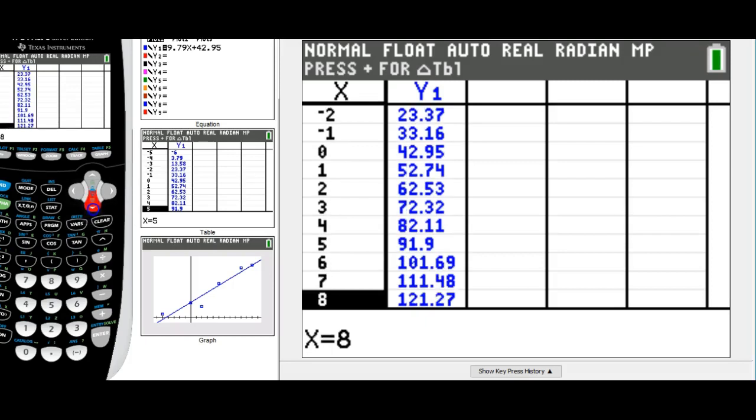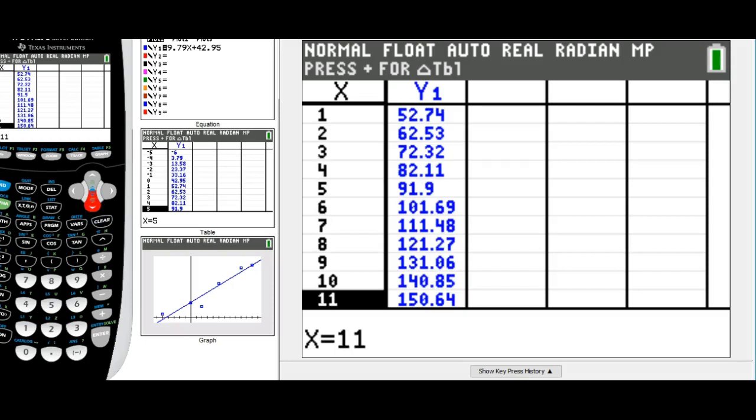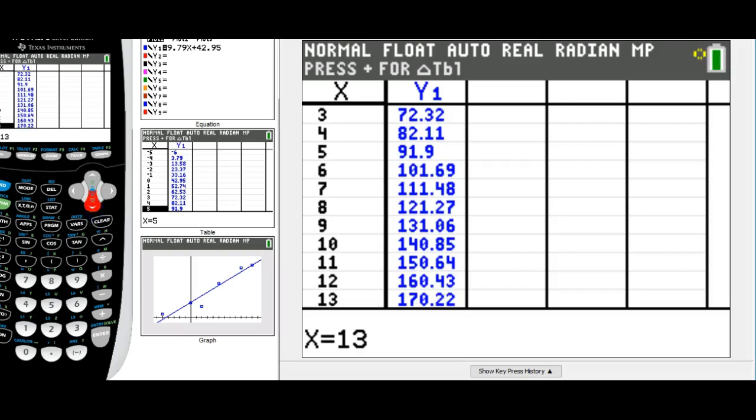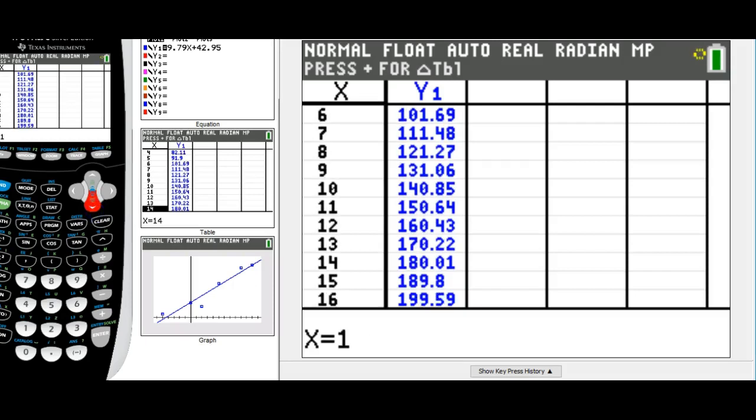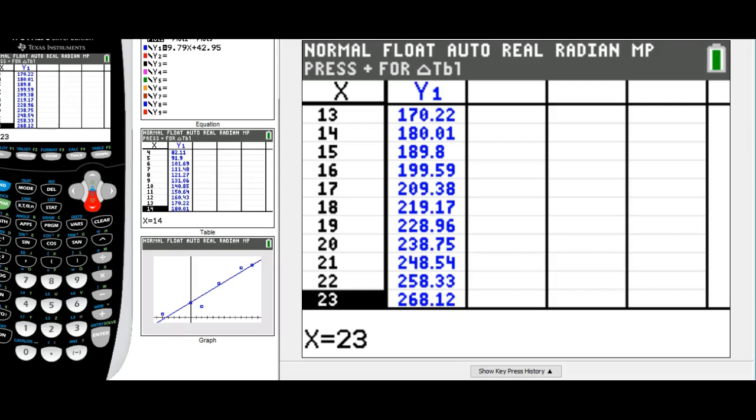It's lagging a little bit. Oh, I went too fast. Sorry. Well, you can see there when x is 13, y is 170.22. That's that top one right there. So I can do that too. I can just use my calculator.